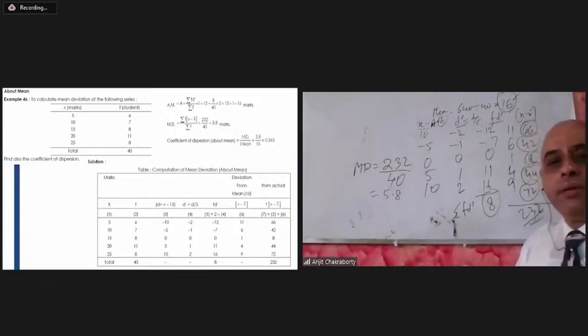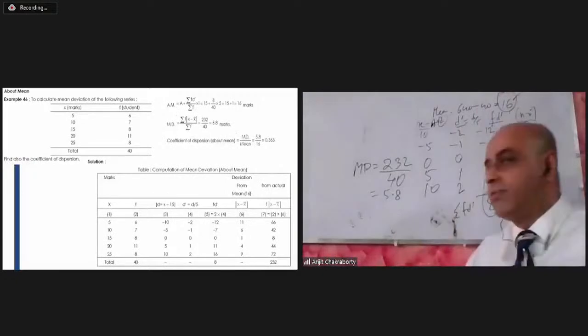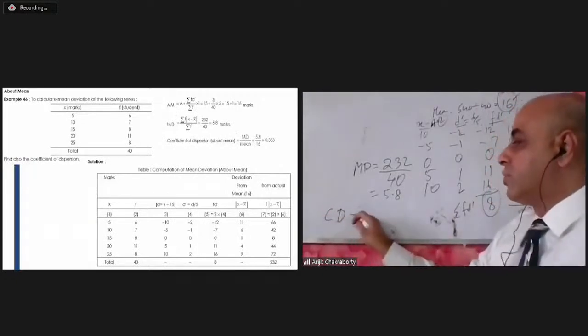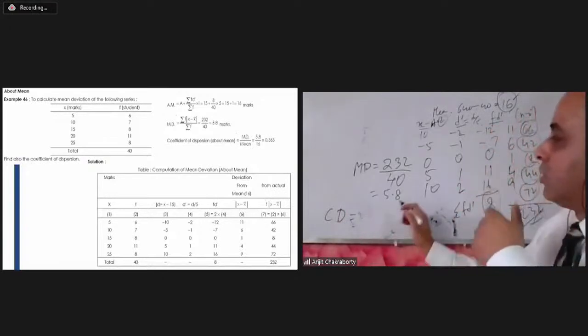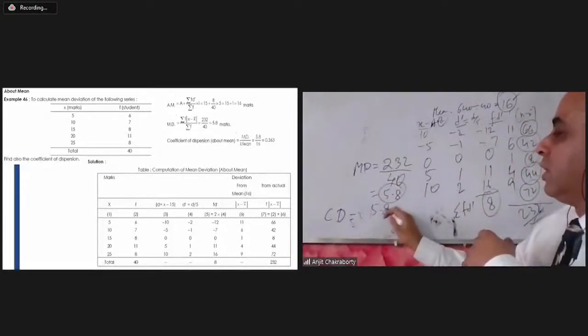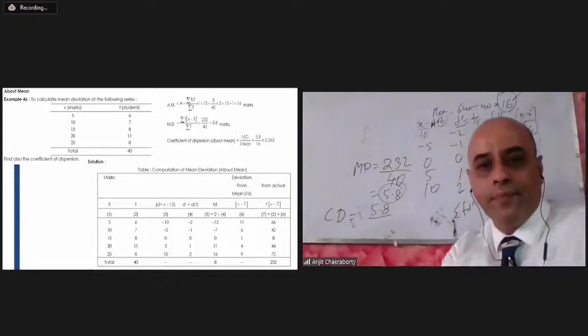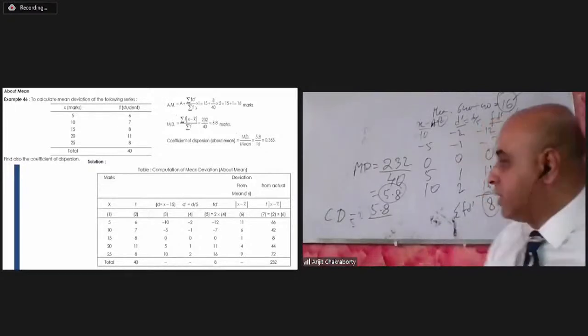If we know the mean deviation, then the coefficient of deviation, sometimes called the coefficient of mean deviation, is equal to 5.8 divided by the mean. The mean we had already got correctly, it was 16.